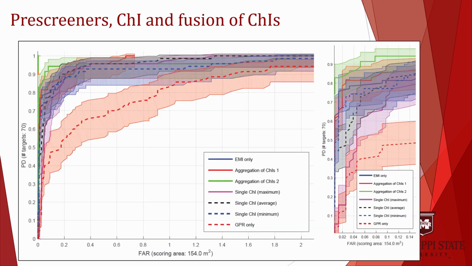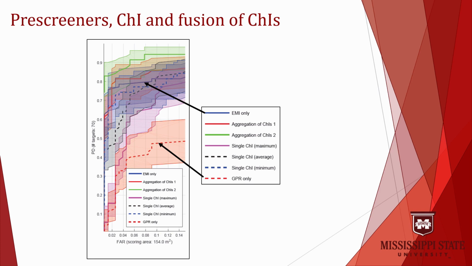Alright, so for these experiments, we're going to look at a wide variety of Choquet intervals. This is just a zoomed in picture. This is our EMI only, you can see at the top, and our GPR. First I talked about single Choquet intervals, where it was a one-size-fits-all type philosophy.